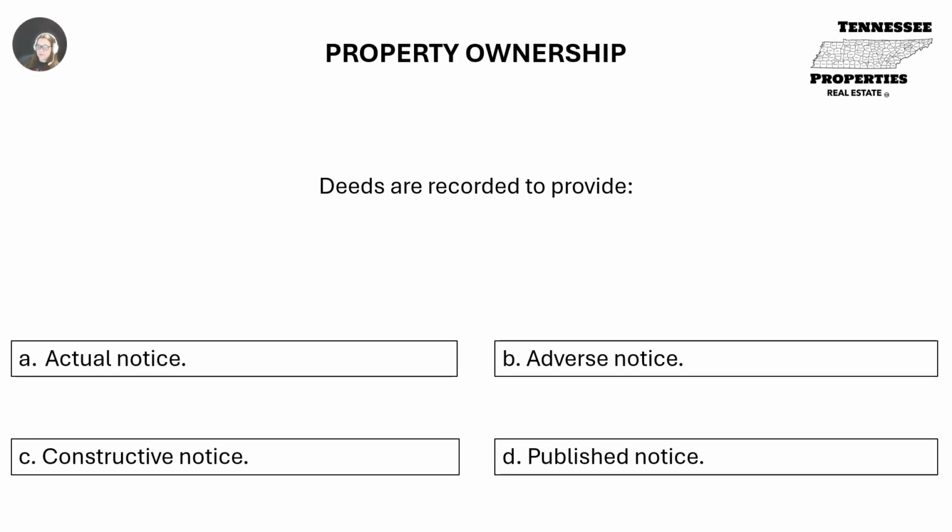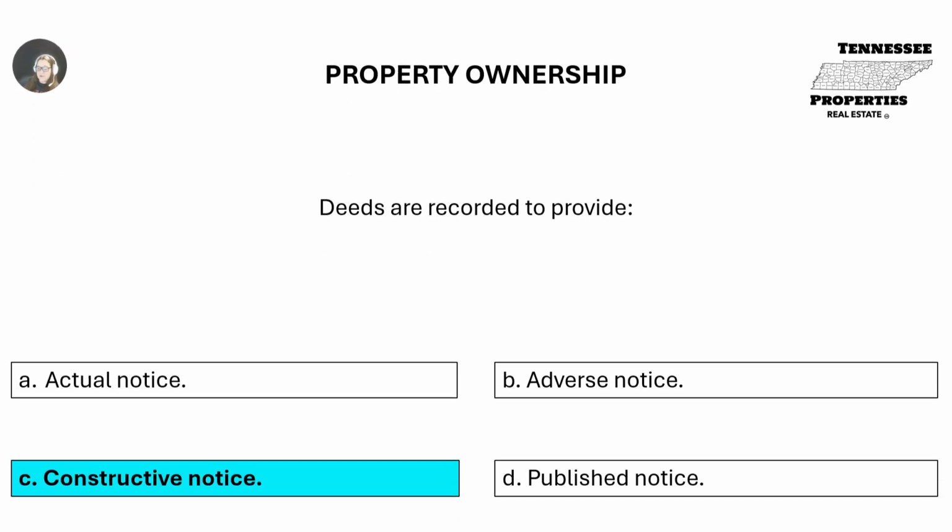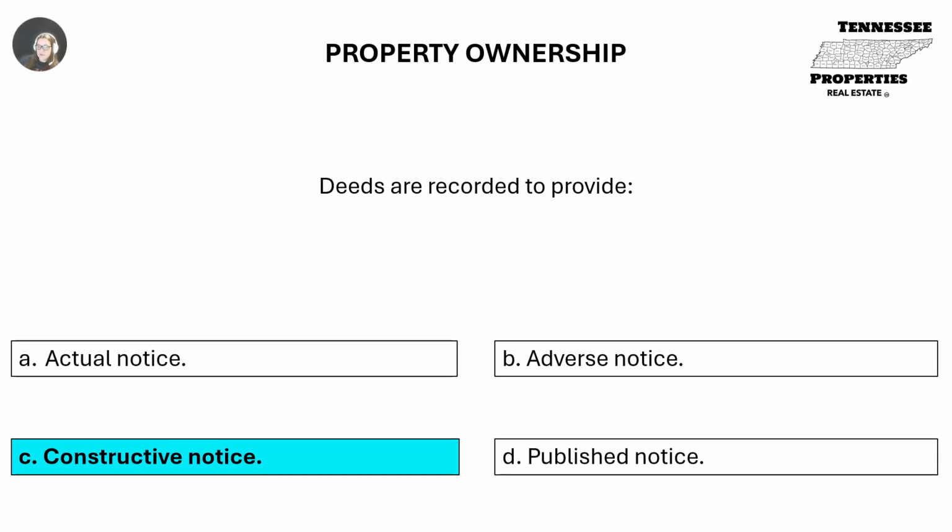Deeds are recorded to provide A, actual notice, B, adverse notice, C, constructive notice, or D, published notice. C, constructive notice.